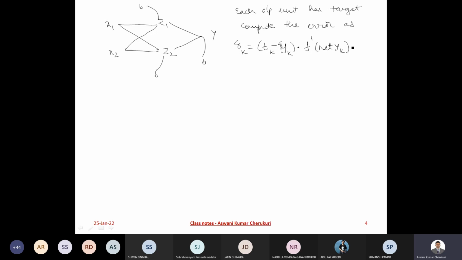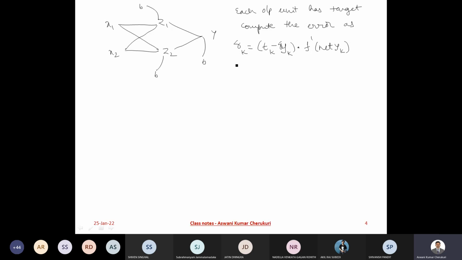Okay, so this is how we are going to calculate del k. Imagine your output node is k: del k is equal to target minus actual, times f dash of net k. What is this f dash of net k? It is the first derivative of the activation function.